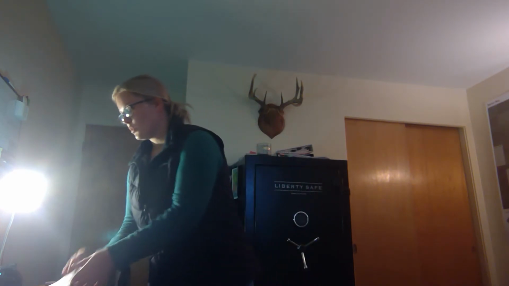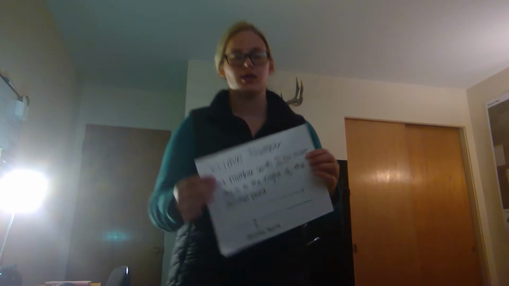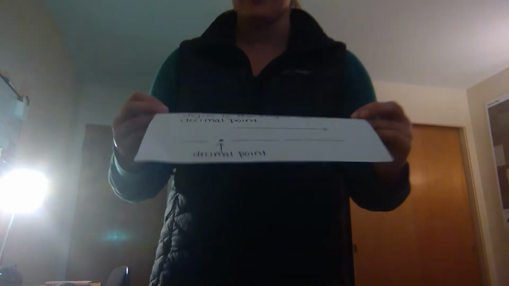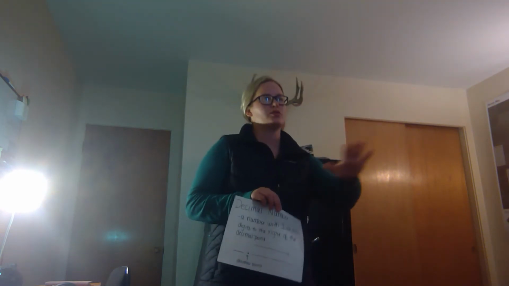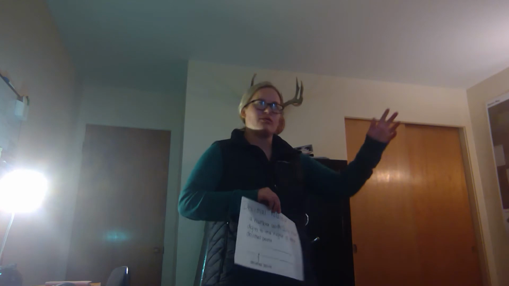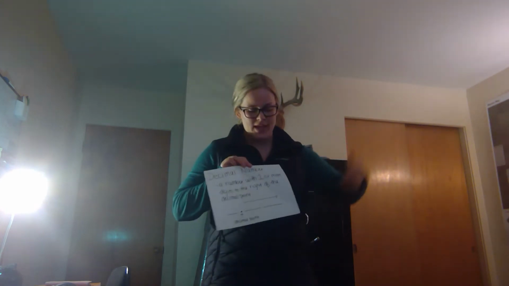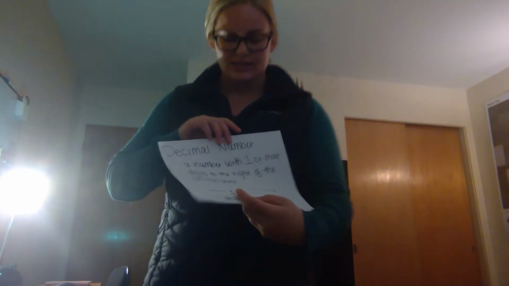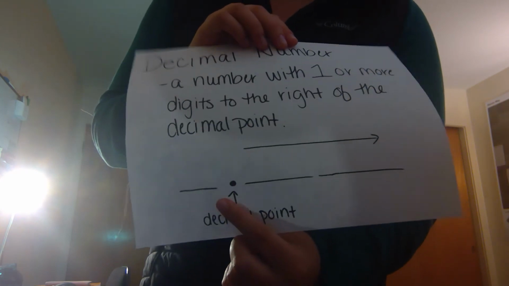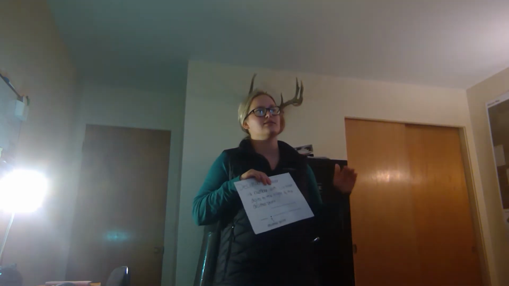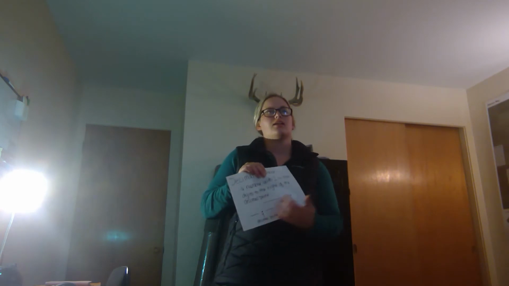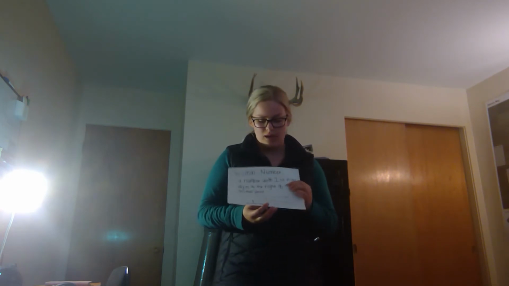So we're going to get started. A decimal number is a number with one or more digits to the right of a decimal point, okay? We've worked with regular numbers, 1, 2, 3, 4, 5, 6, 7, 8, 9, 10, and so on. What we're adding is this decimal point. Now we're going to have place values to the right of that decimal point that add value to that number as well.